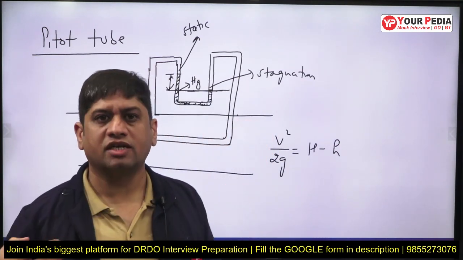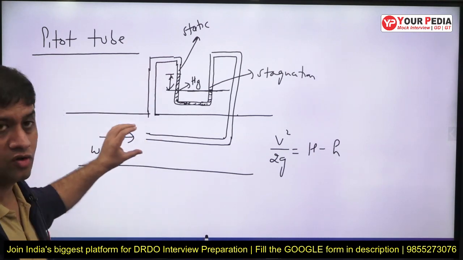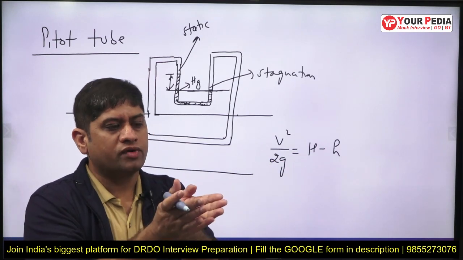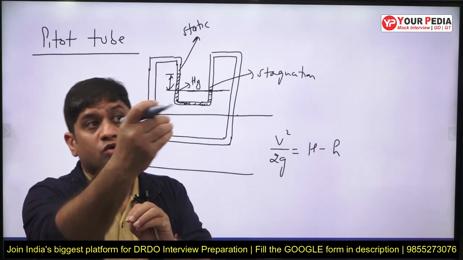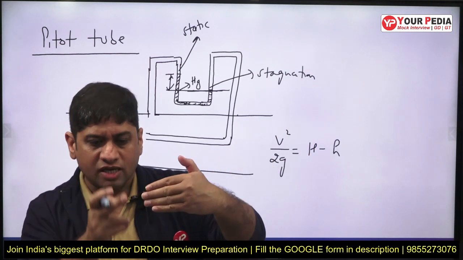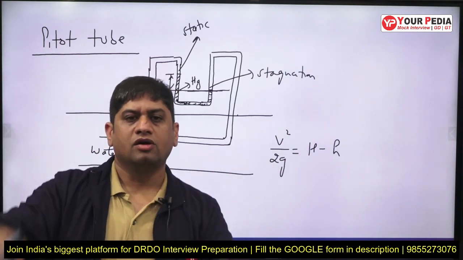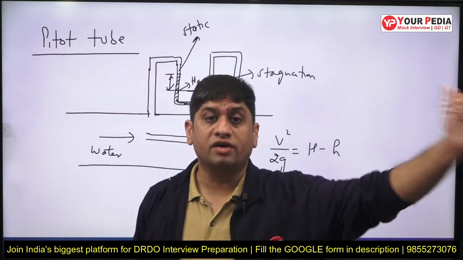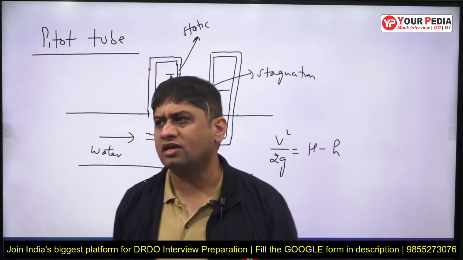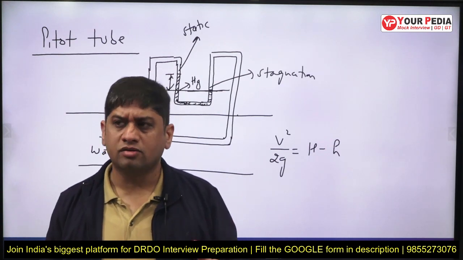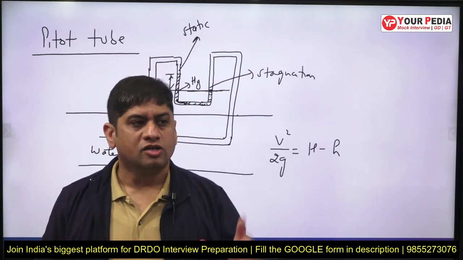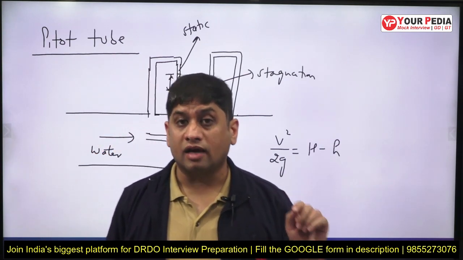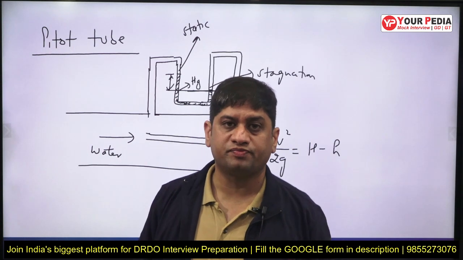As the air velocity is flowing, you have made some arrangement of the pitot tube such that the opening of the pitot tube is towards the incoming air. The air comes inside and the U-tube manometer helps you to measure the velocity of flow of air. And you will agree with me that air is static there, it is the velocity of the aeroplane actually. So the velocity of aeroplane in the mid-air can be calculated using the pitot tube.